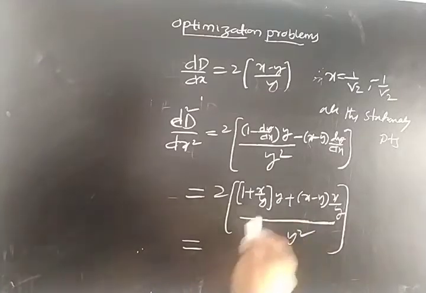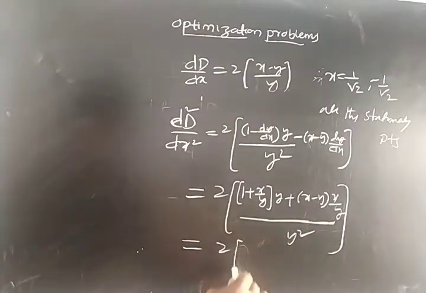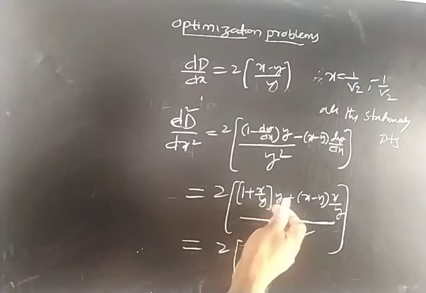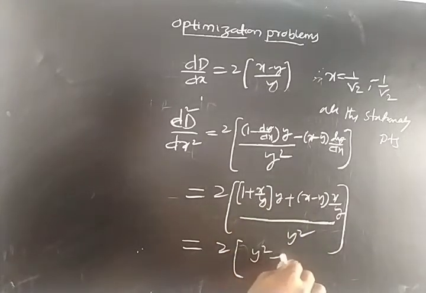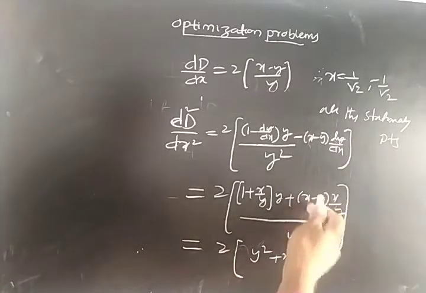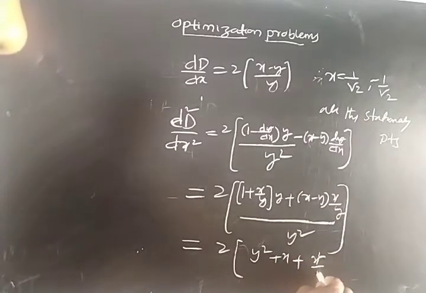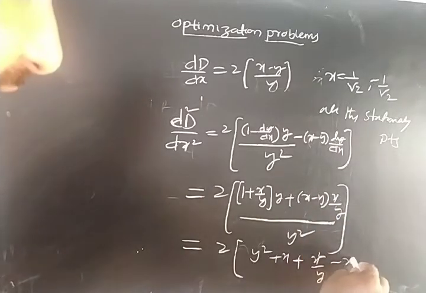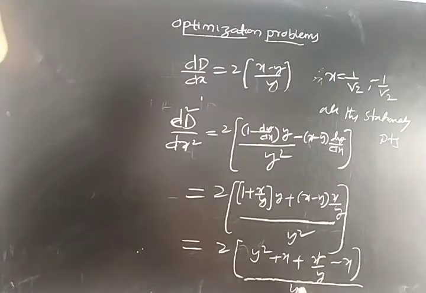So by simplifying, what will we get? Simplify this: y plus x, here x square by y minus x by y square. So x cancel.